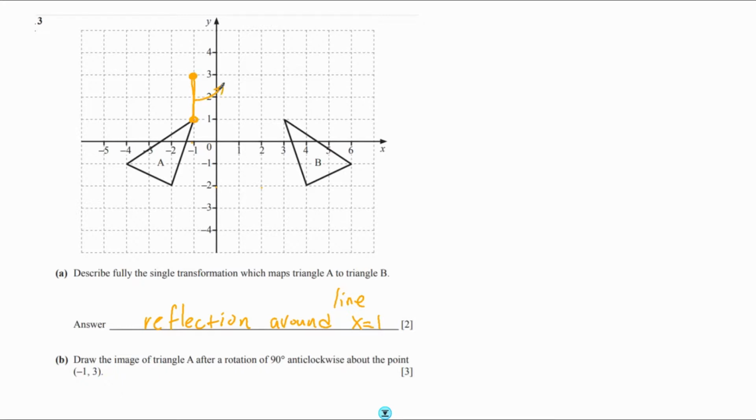This would come around here, and that point would transfer to this one. So the point (-1, 1) would be transferred to the point (1, 3), 90 degrees around (-1, 3).